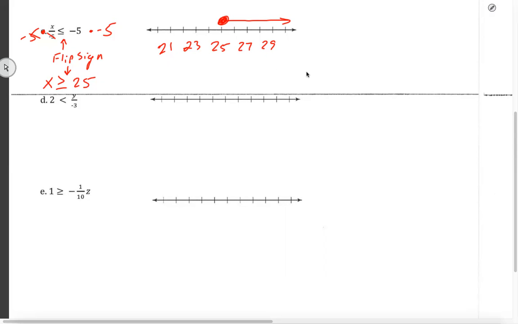All right, Nate, what'd you get for D? Is the answer -6 is greater than 1? Nope. Wait. Multiply by -3. And flip the sign.